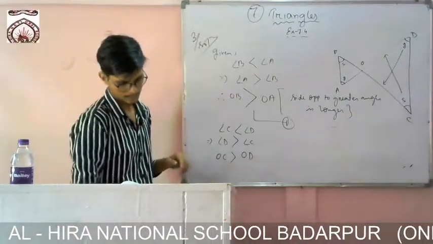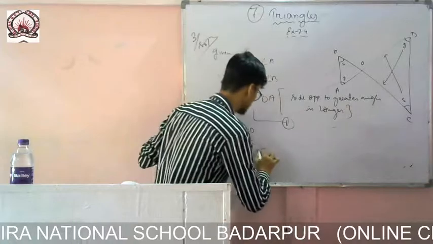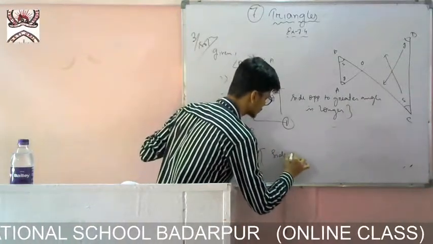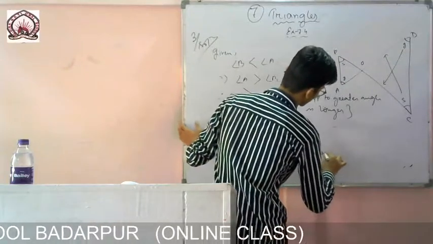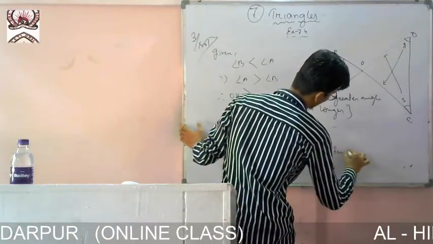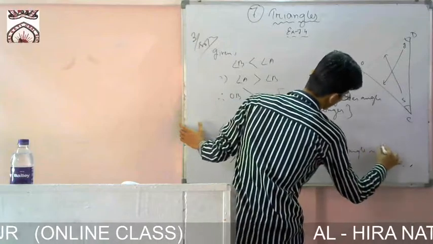OC is greater than OD, and the reason will be the same: the side opposite to the greater angle is longer.